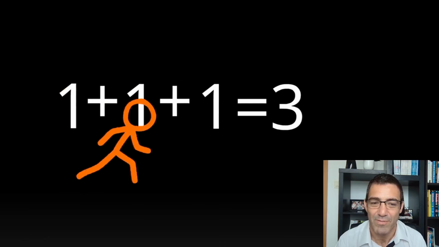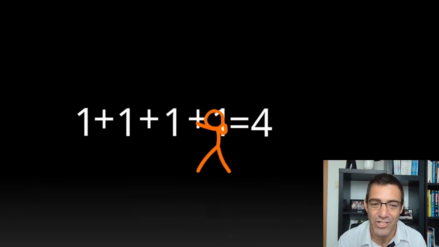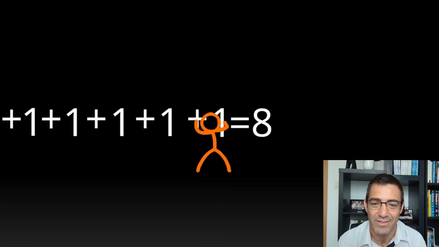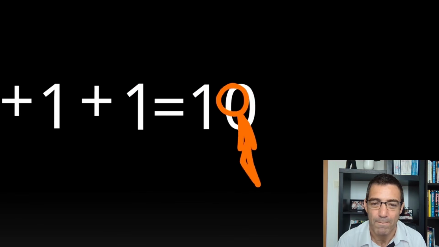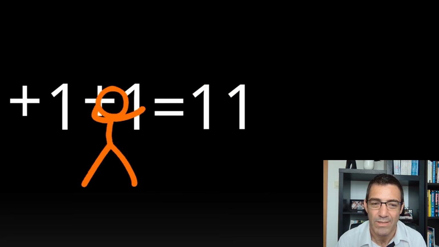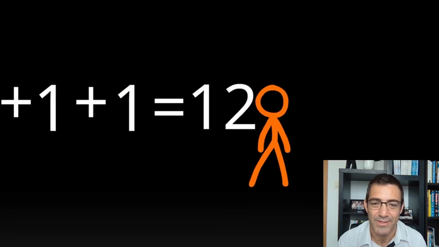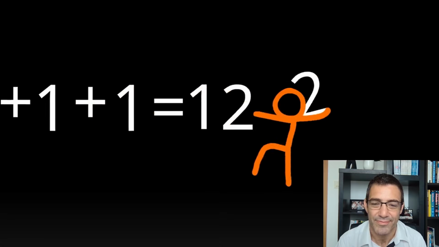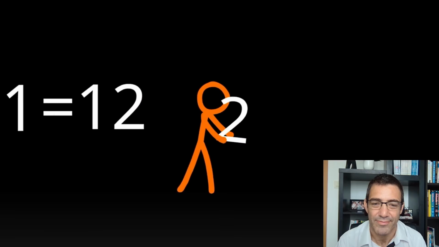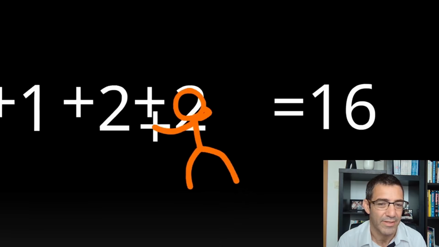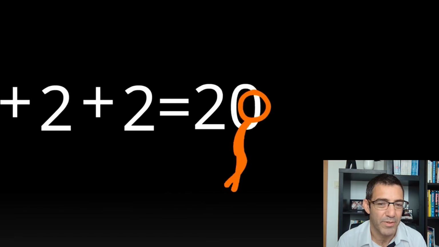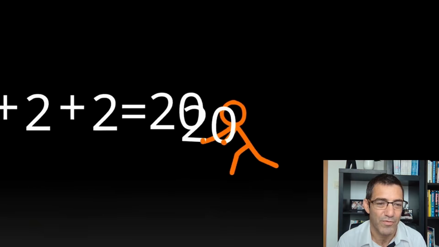This is pretty self-explanatory. He discovers addition, repeated addition, adding lots of ones. That's quite time-consuming. Bigger numbers, it's going to help to move faster.